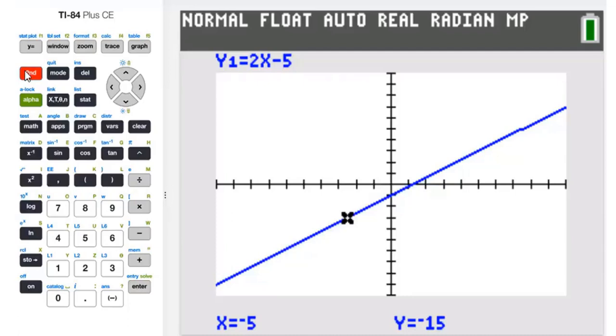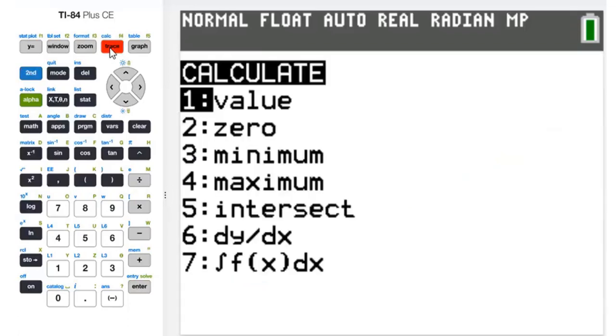Then when you do second trace, that means calculate. It will calculate the value of a function, zeros of a function, and the minimum or maximum of the function. It can figure out the intersection of 2 lines or 2 curves.